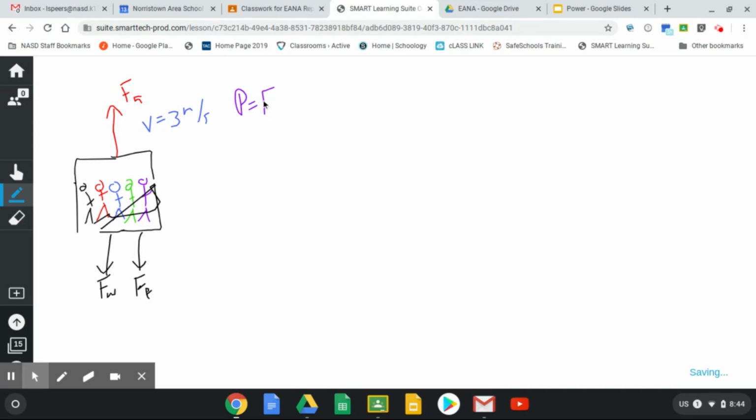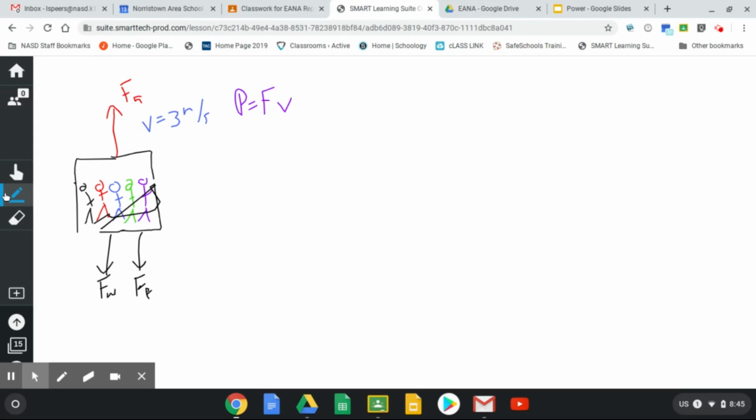Going back to our formulas for power, one of the formulas is power is equal to force times velocity. So this applied force, in order to travel at a constant velocity, has to be equal to, and I know that's back from the last chapter on Newton's laws, the weight force plus this resisting force.